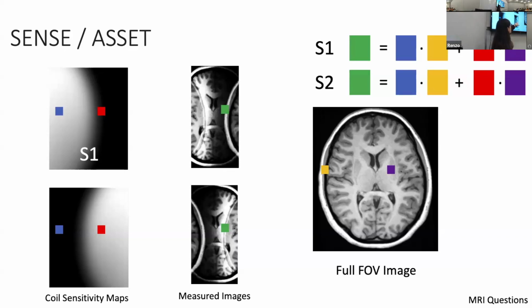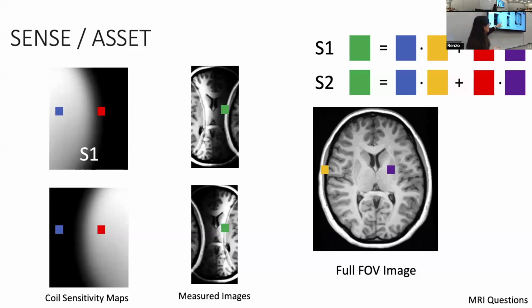So if we take one single voxel in all of the channels that we've recorded in the data that we got, which are these folded over versions, we can create a system of equations that relates what that would look like in the full image to what it looks like in the measured images, using the fact that we know something about the spatial layout of where those are in space.